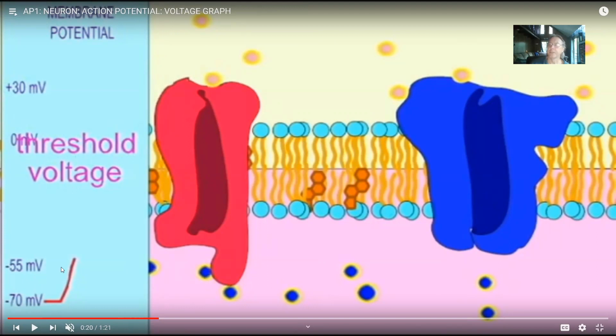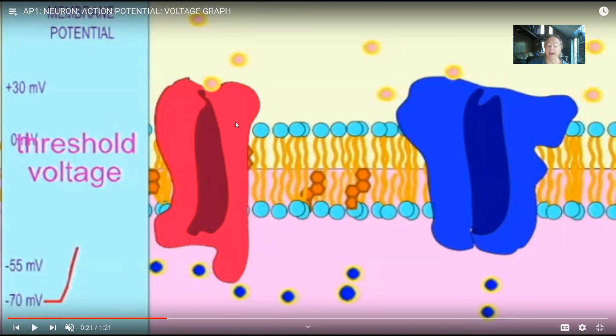If you cross the threshold voltage, you get an action potential. If you don't cross the threshold voltage, you don't get an action potential. You don't get halfway and get a little action potential. You either get an action potential or you don't. It's an all or none phenomenon.